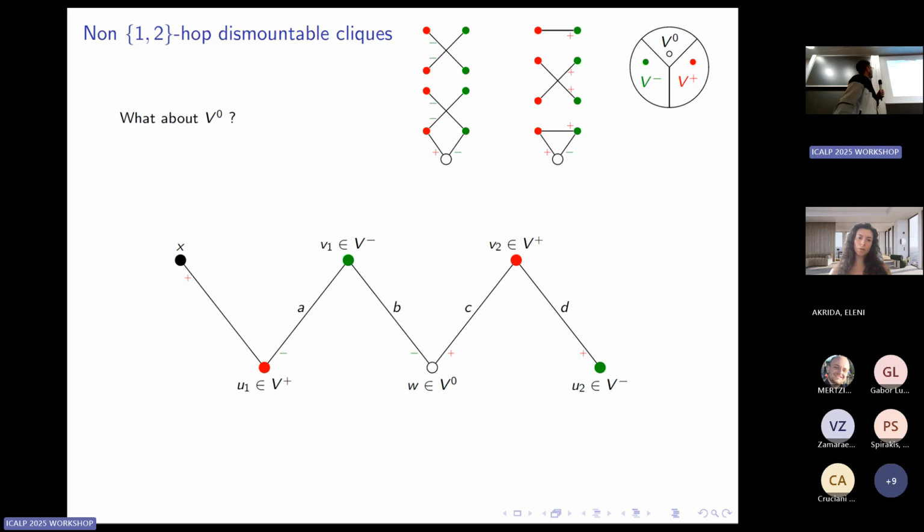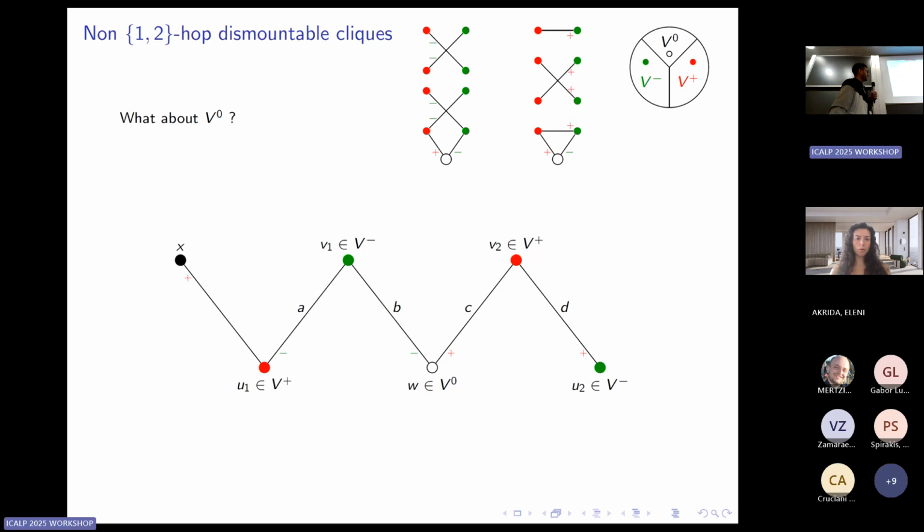And also, since U1 belongs to V plus, there should also exist some vertex X that sends its maximum edge to U1.